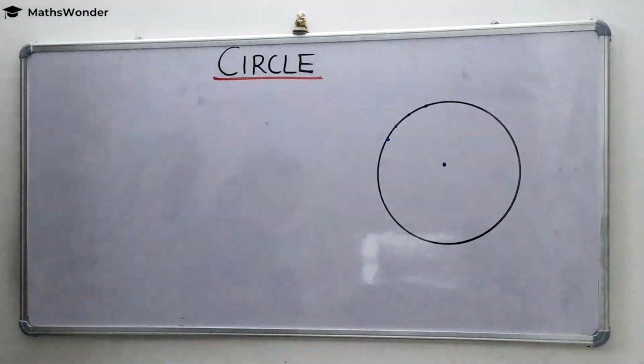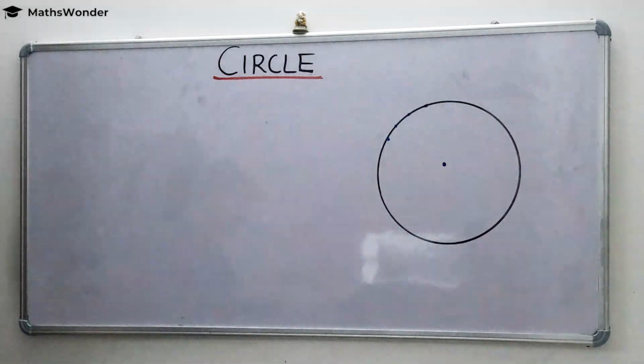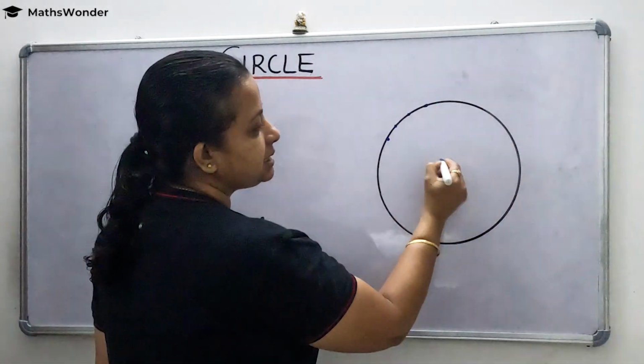This is the very common definition. A circle is a path of all the points that are equidistant from a fixed point.